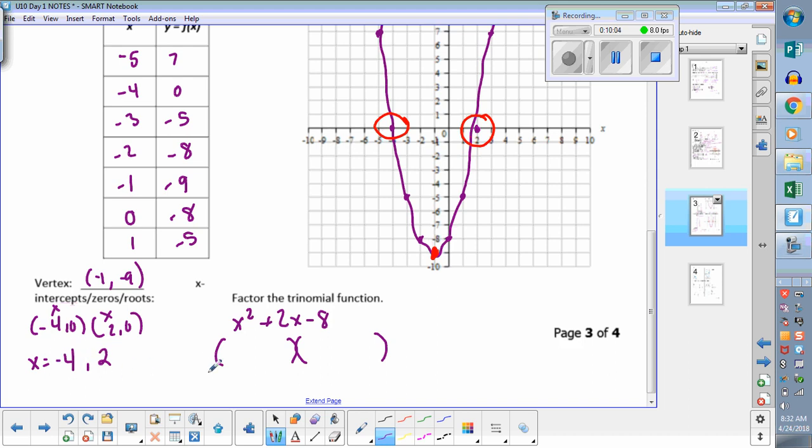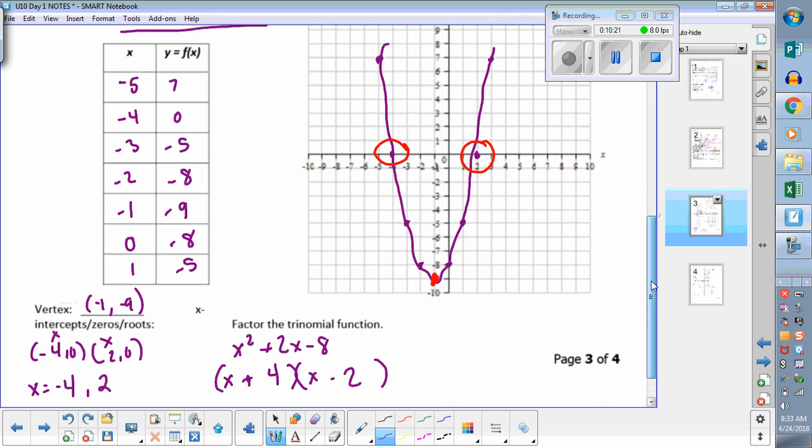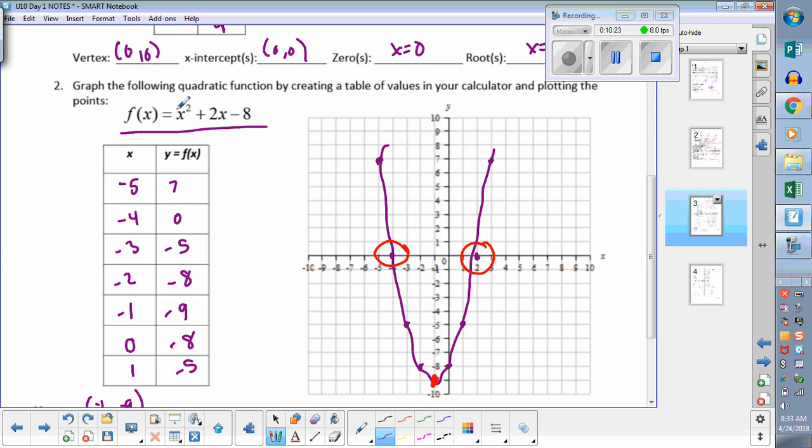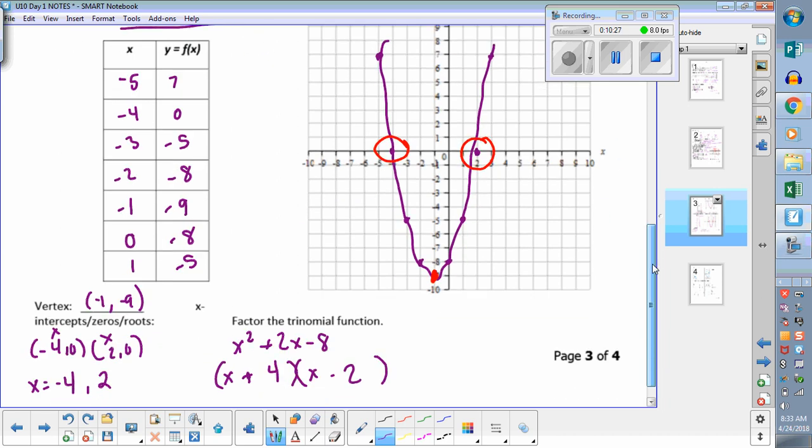Remember, this is -4, but when we're factoring, we switch the sign to +4, and this is +2, so we switch it to -2. And that is the factored form of this trinomial function. Remember, it's a trinomial function because we have 1, 2, 3 terms. All right?